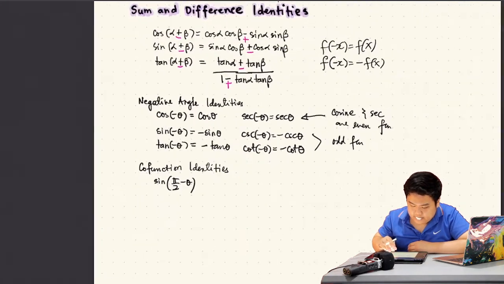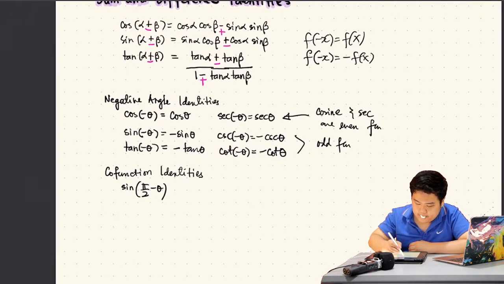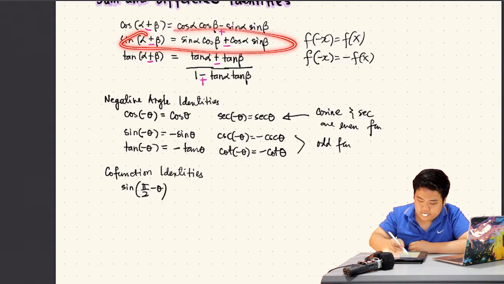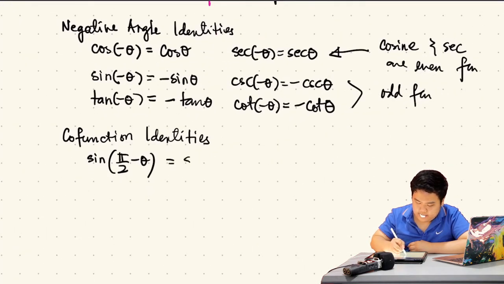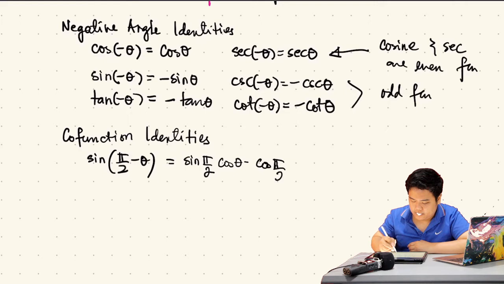So, gamitin natin ang identity ito, sine of a difference. So, this is sine pi over 2 cosine theta minus cosine pi over 2 sine theta. And cosine pi over 2 is 0, so wala na to.